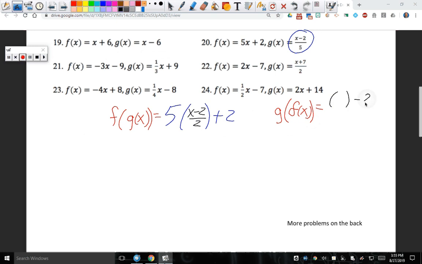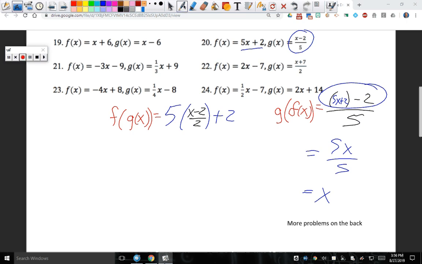We have something minus 2 over 5. We're going to put all of this f of x right here. What does the top cancel to? 5x. Nicely done. Nice speed. What does it now fully cancel to? X.